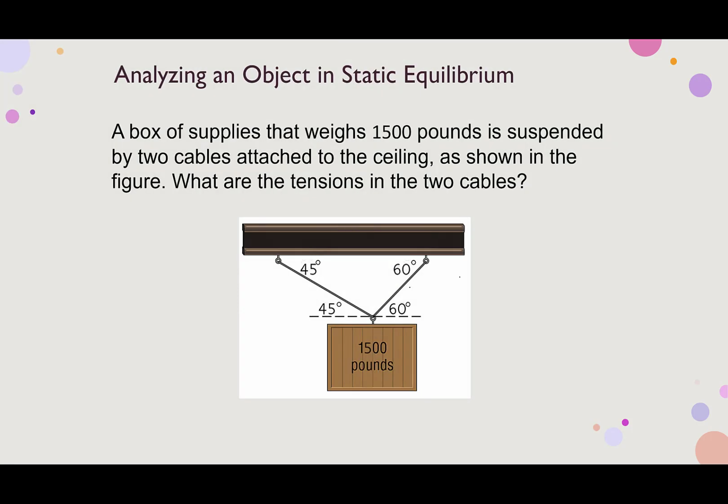In our picture, the force on the right, F2, was 1,098.1 pounds, and the force on the left was 776.5 pounds. So these two tensions together are holding that 1,500 pounds in place. That's what we found out by doing this.